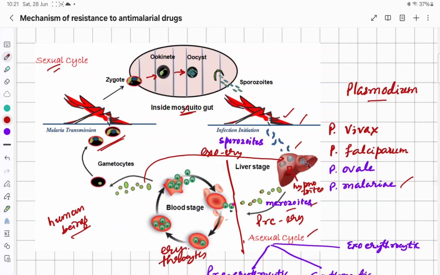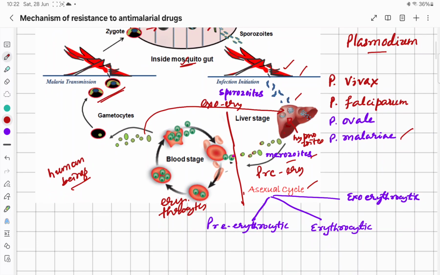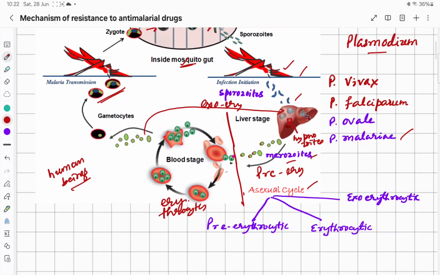So gametes form the zygote. Zygote is converted to ookinete. Ookinete is converted to oocyst, and finally oocyst is converted to the sporozoites, which are again transferred to another human being to which the mosquito bites, and in this way this life cycle continues.